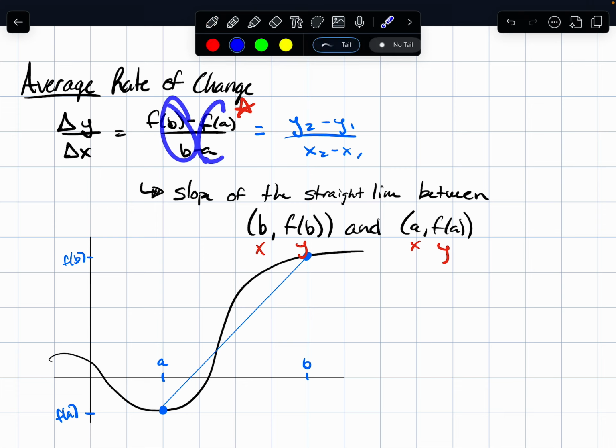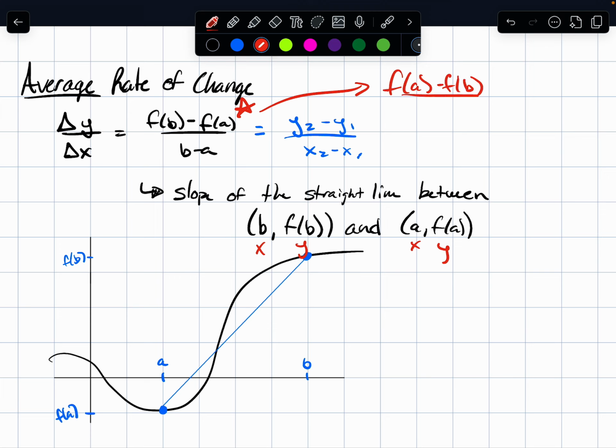Now, if you're solving and you decide to do f of a minus f of b over a minus b, that is okay. The only difference is your work is going to look different than your friend sitting next to you who used this, but you're going to get the same answer. As long as these a's and these b's line up, that's fine.